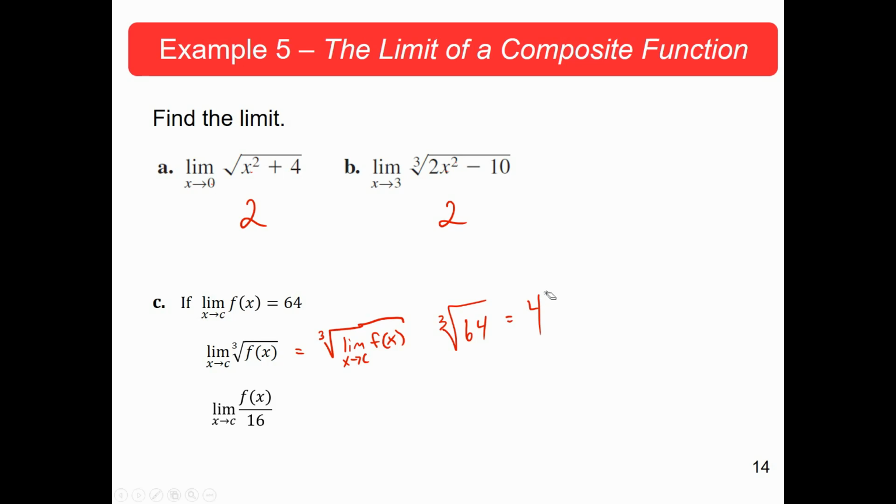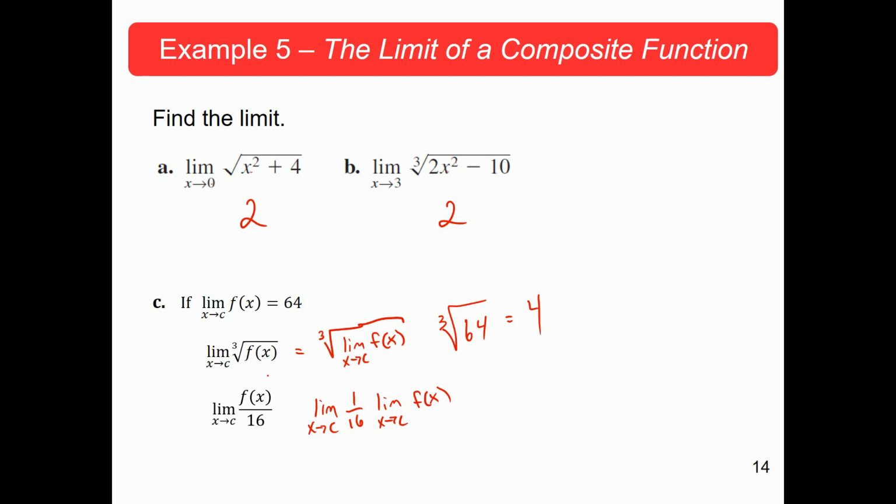Okay? What about this one? The limit as x approaches c of f of x over 16. Once again, this is a composite function. So I'm going to say this is like saying the limit as x approaches c of 1/16 times the limit as x approaches c of f of x. You see how I can separate those two?